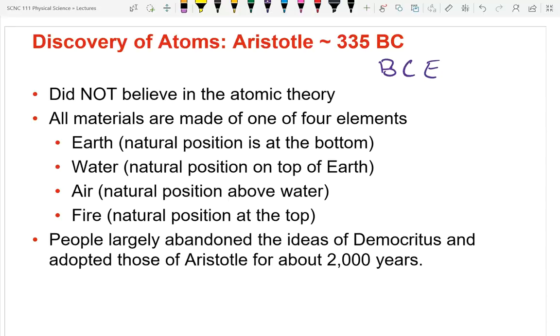The difference is, if you say BCE, you don't have to invoke the name of Christ. And so people who don't want to invoke the name of Christ came up with this idea: let's change what we call it. Instead of BC, let's call it BCE. And it'll stand for something different. And then if you're talking about AD, what does AD stand for?